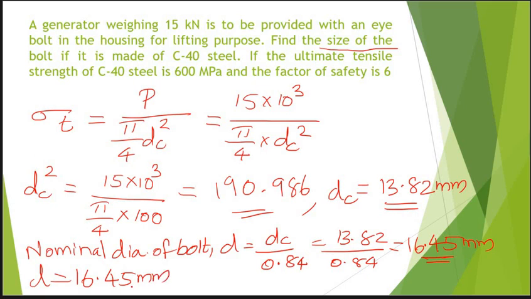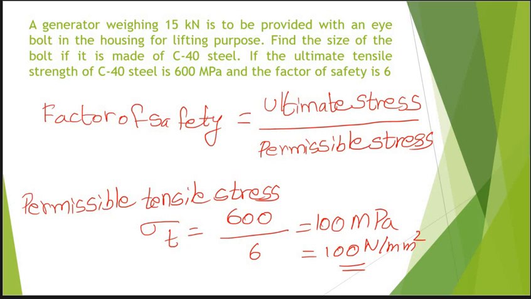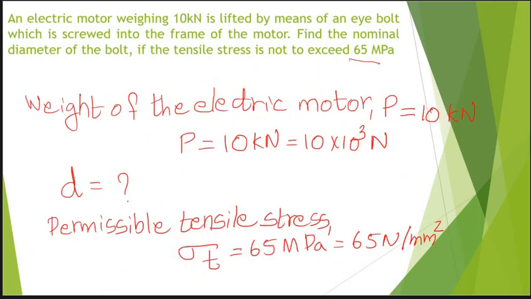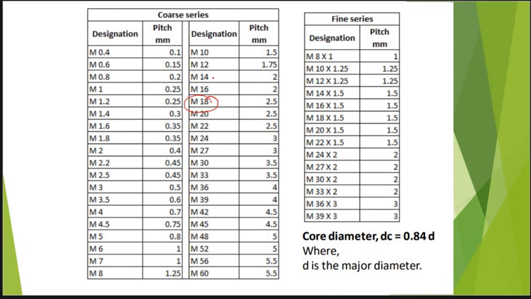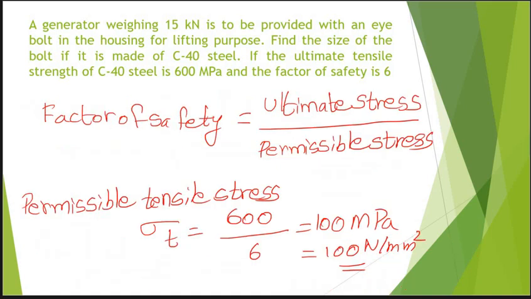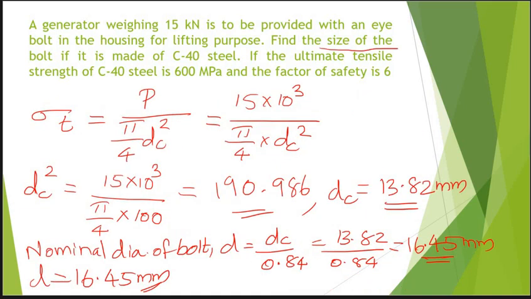Again, we have to check whether there is a standard bolt available in this dimension 16.45 mm. So we are checking with that table. In this table, after 16, the bolt size is M18. So we have to choose the bolt size as M18, that is a bolt with a nominal diameter 18 mm.